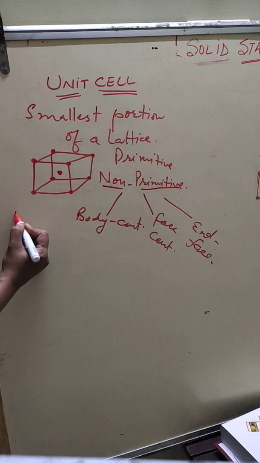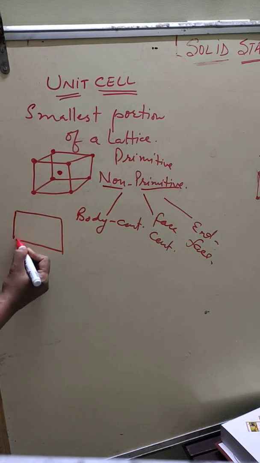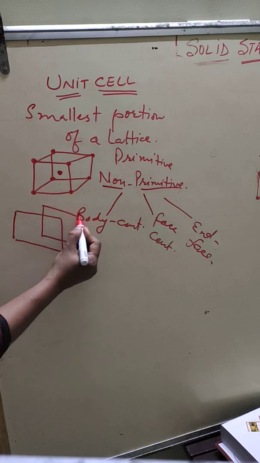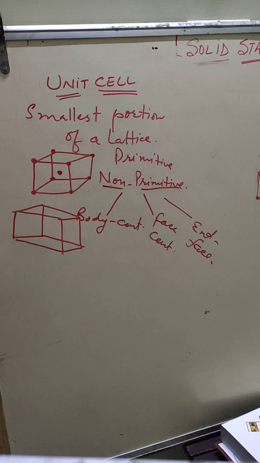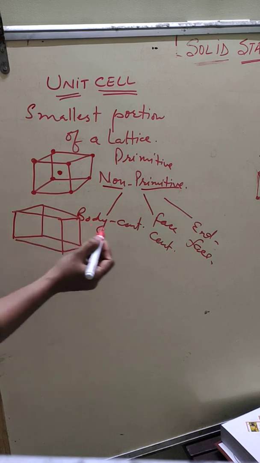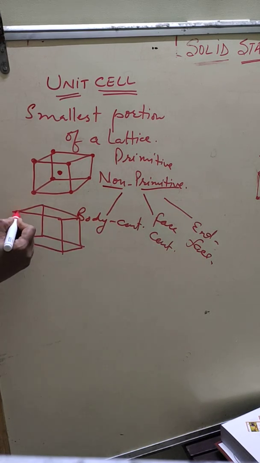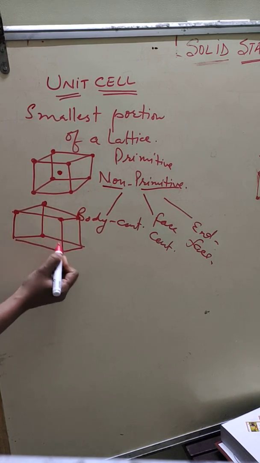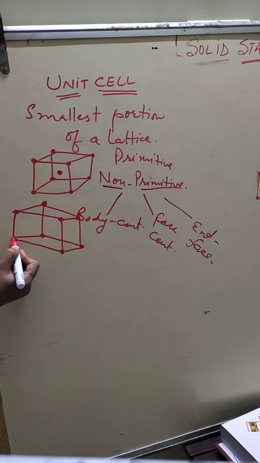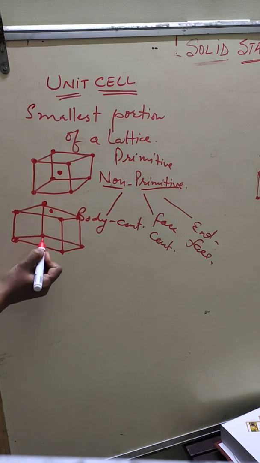Then coming to the face-centered unit cell. One cube has 6 faces. Face-centered unit cell means the particles are present at the corners as well as at the center of each face.